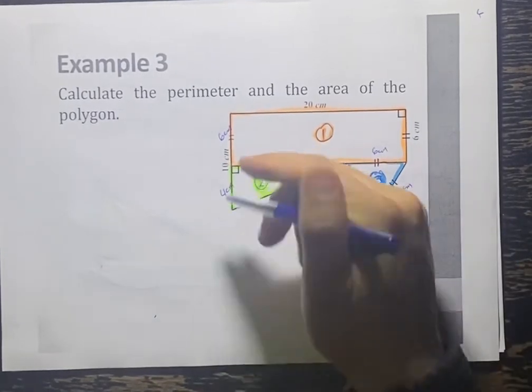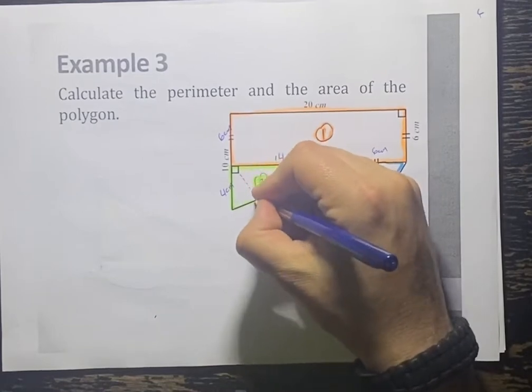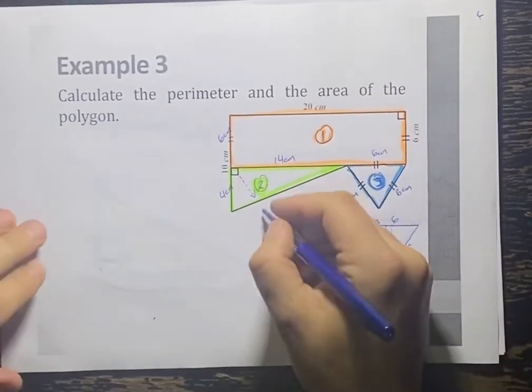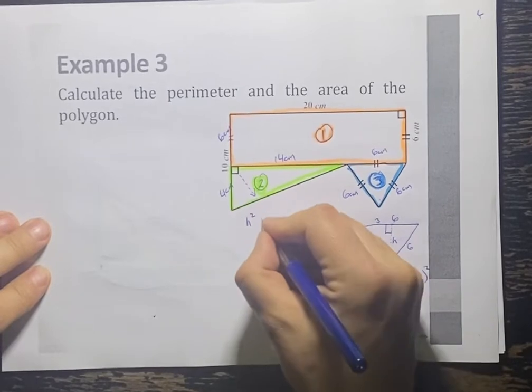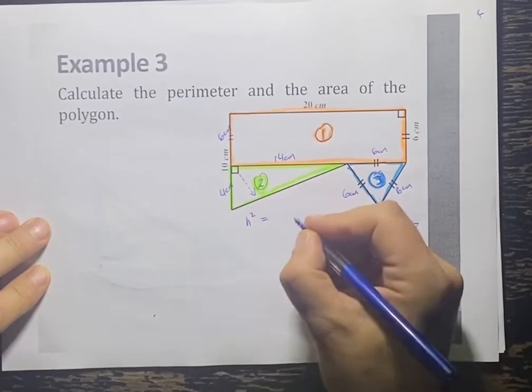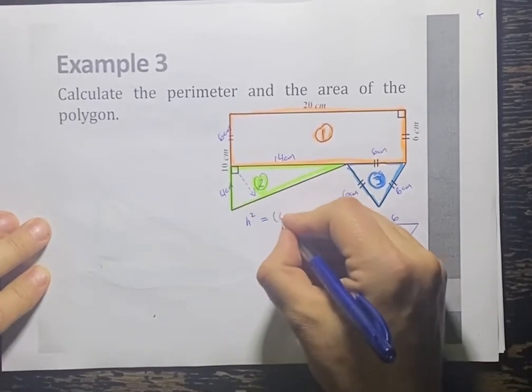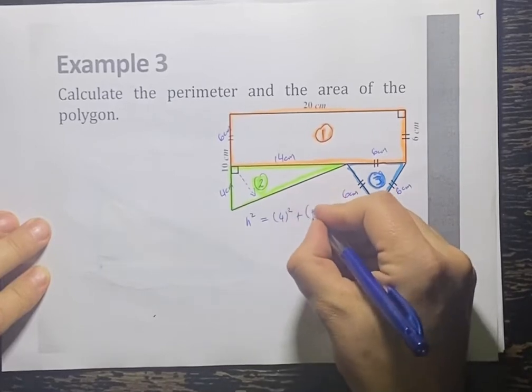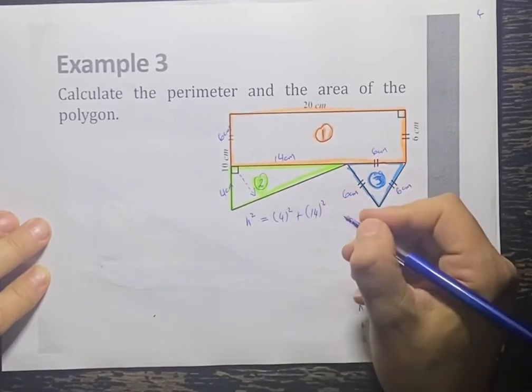So again, this is your hypotenuse, because it's opposite the 90. So I'm just going to say here h squared equals 4 squared plus 14 squared.